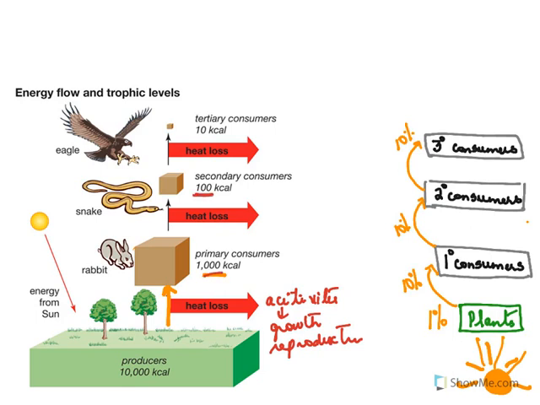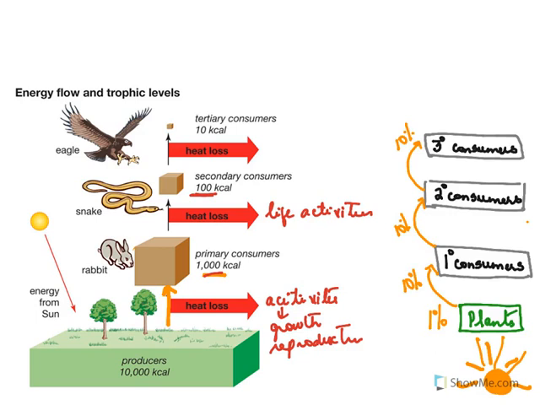Now from the rabbit level, when we go to the snake level, there are 100 kilocalories available at the snake level. What happened to the 900 kilocalories? They were used up for the life activities of the rabbit, for reproduction, for growth, and other life activities.